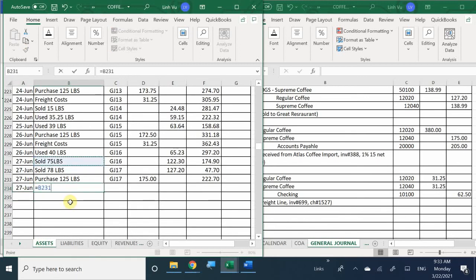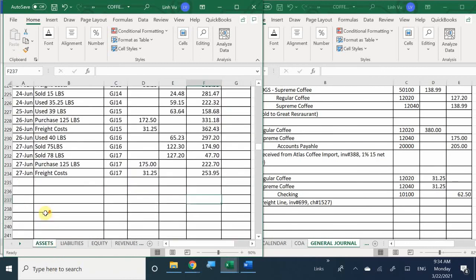Freight costs 31.25. So what is my grand total in my regular coffee? Okay, well, I already calculated. 2,395. Yep.